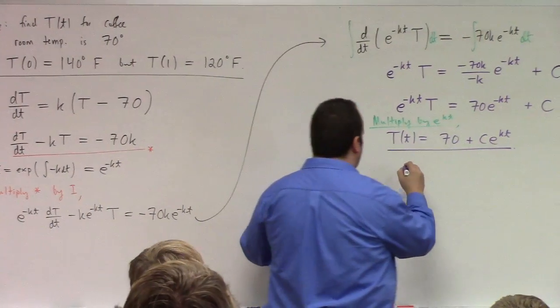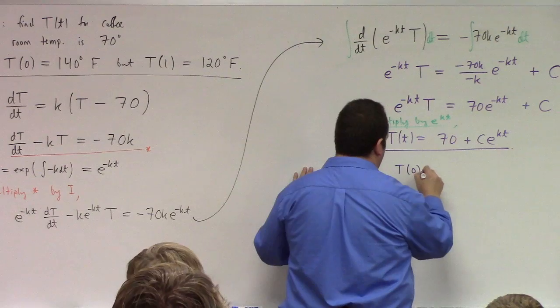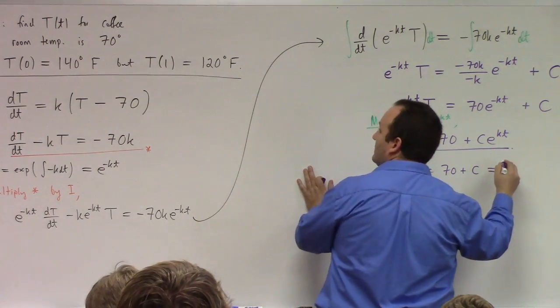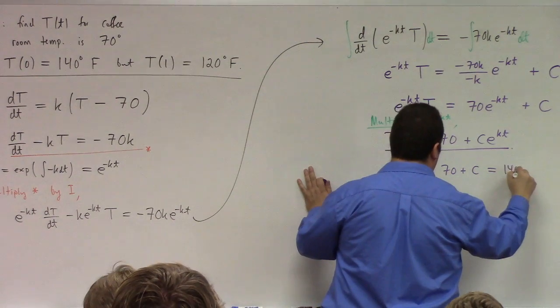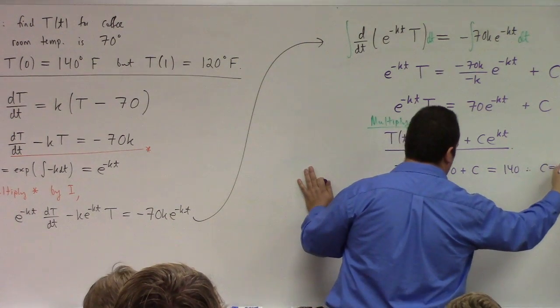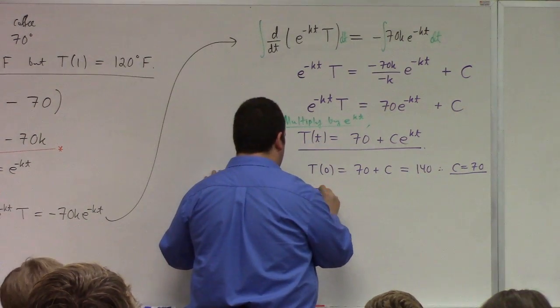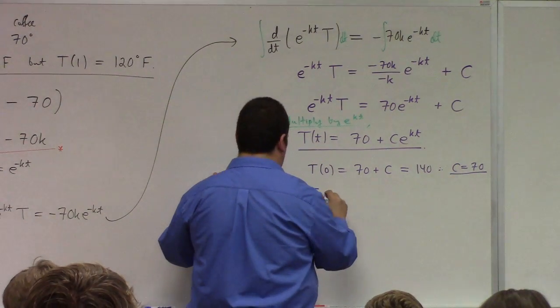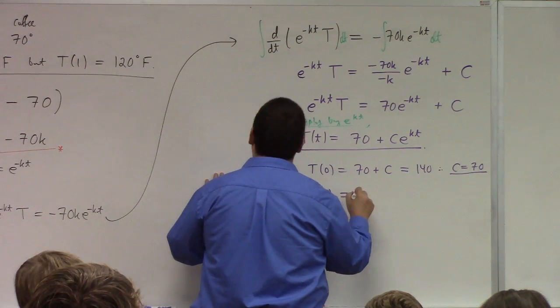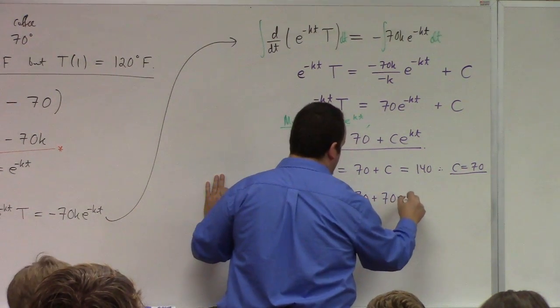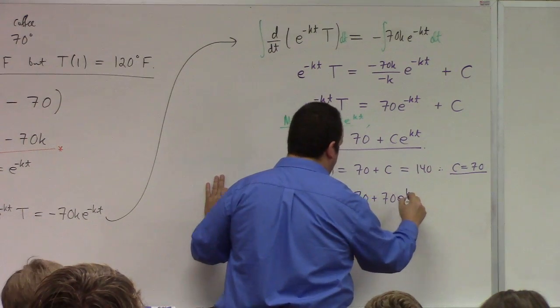So T of 0 is 70 plus C, which is otherwise known as 140. Therefore, C is 70, right? So now T of 1 is equal to 70 plus 70 times e to the k times 1, or e to the k.